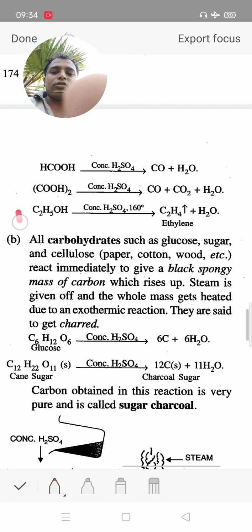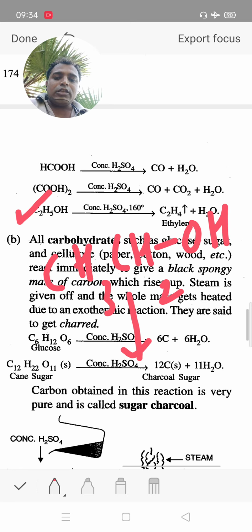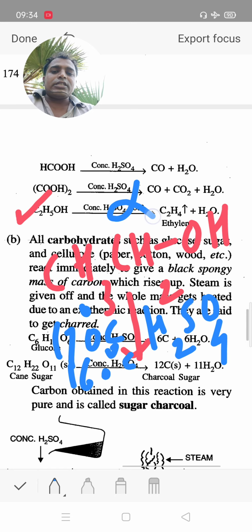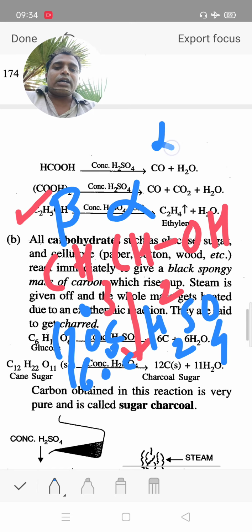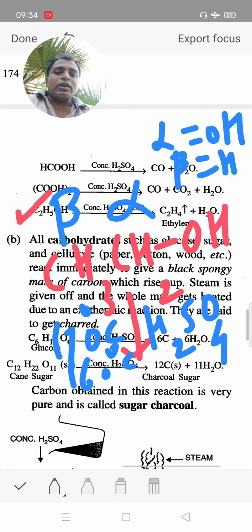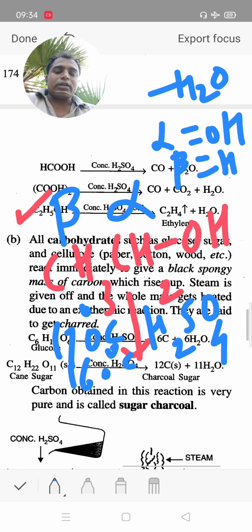Now the first example, ethanol, CH3CH2OH. In this reaction, in the presence of sulfuric acid at 170 degrees Celsius, or it may be 160 degrees Celsius, the CH2 attached with OH is the alpha carbon, and the other is the beta carbon. The alpha carbon has the OH group and the beta carbon has a hydrogen atom. Removal of OH and H means removal of water.